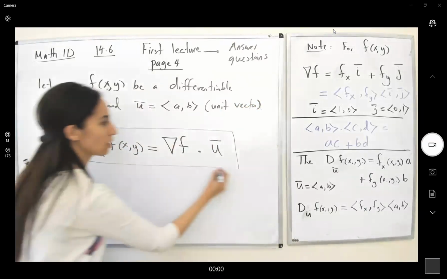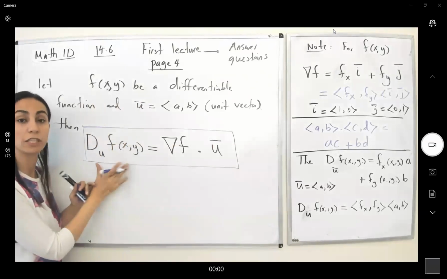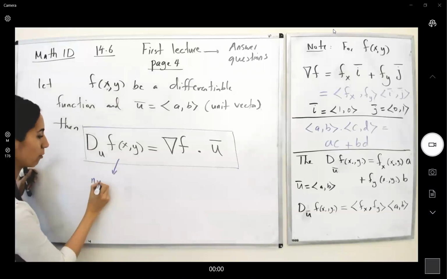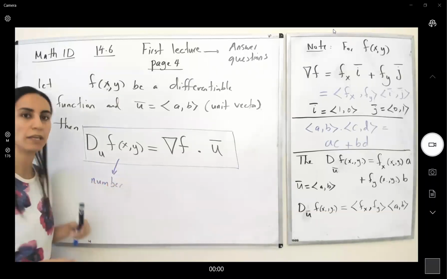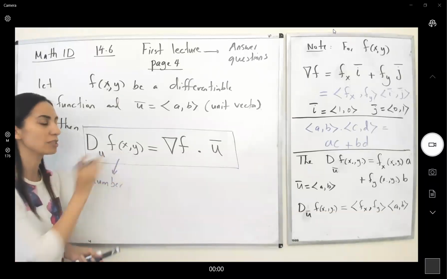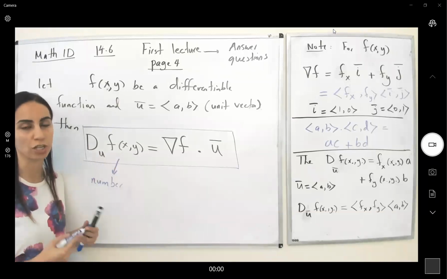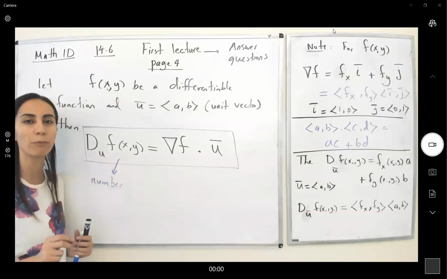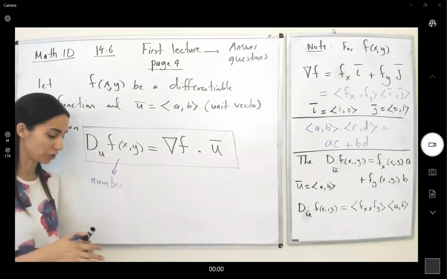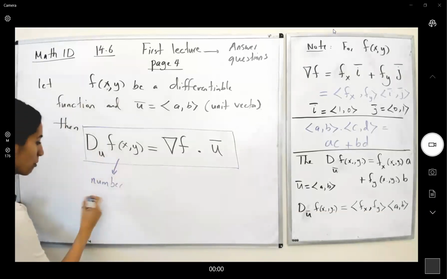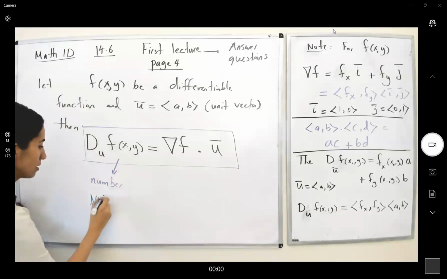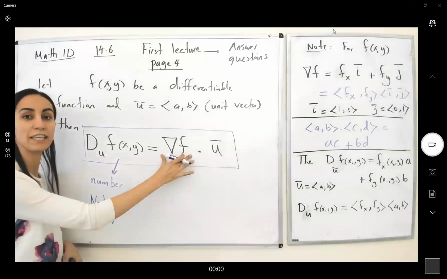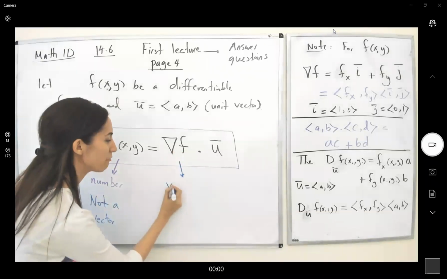So note that, guys, directional derivative is always a number. So here you have a number. It's either positive, it might be negative, it might be 0. It shows the rate of change of the function. Rate of change of the function is a constant. It's a number. It's not a vector. Gradient of f, it is a vector.